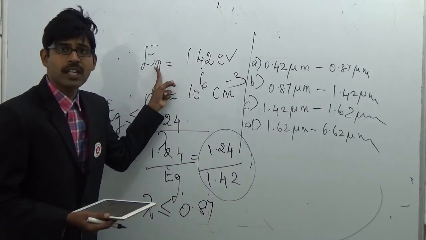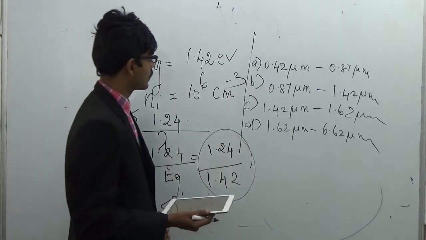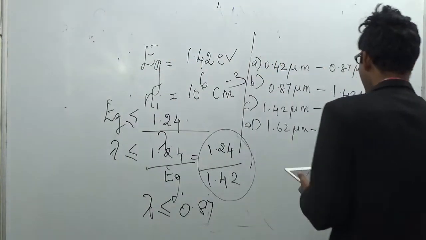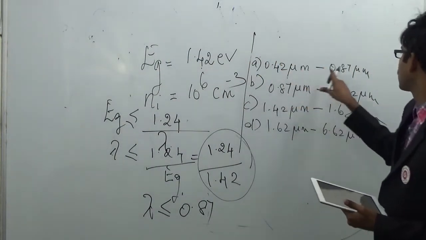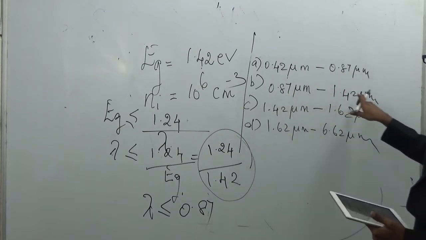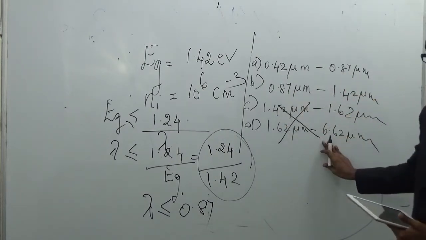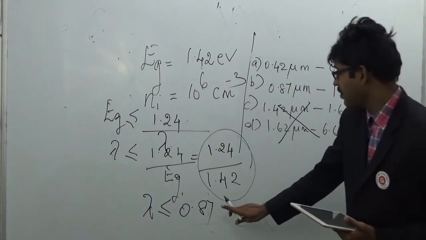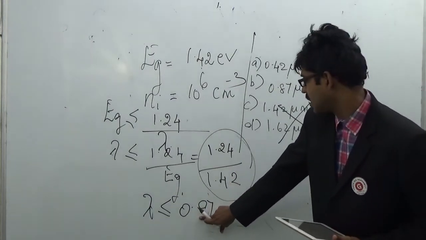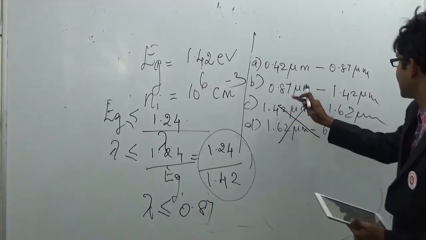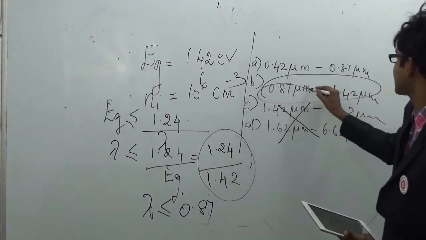level cannot be achieved. Now coming to this option, we have 0.42 to 0.87, 0.87 to 1.42. These two definitely are not the right answer. Now coming to the option, it should be lesser or equal to 0.87. Here the range is greater than 0.87.